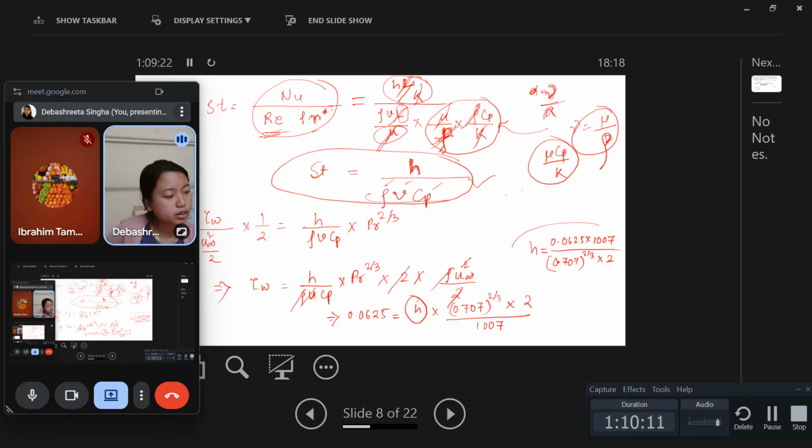So have you calculated this? You have to calculate this. You must be doing something in calculation, some mistake in calculation.